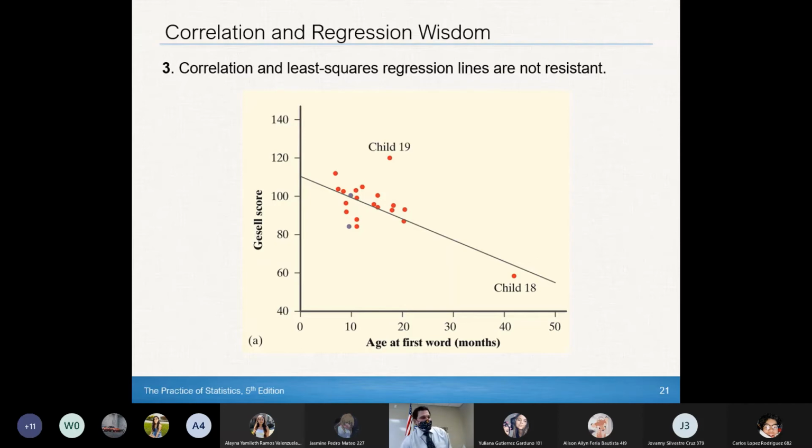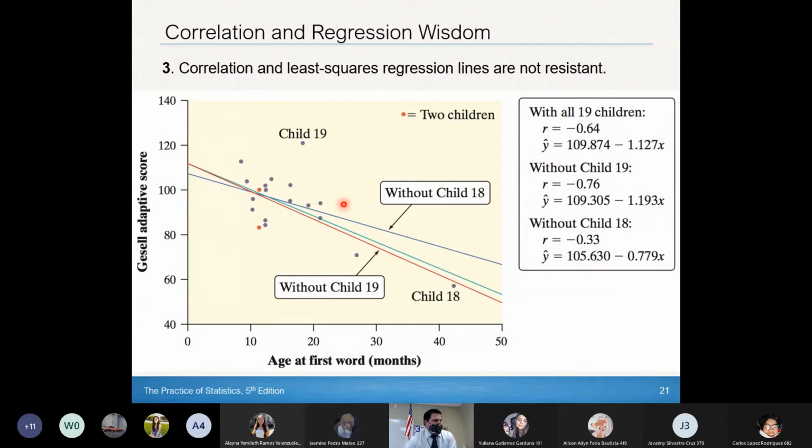We have this graph here where child 19 and child 18 are outliers. 19 is outside the pattern and 18 is way outside the cluster. So they're not typical of what we would expect based on the rest of the data. They would be considered outliers. This is the regression line we get, including those data points. If we remove child 18 from the data, the regression line changes.